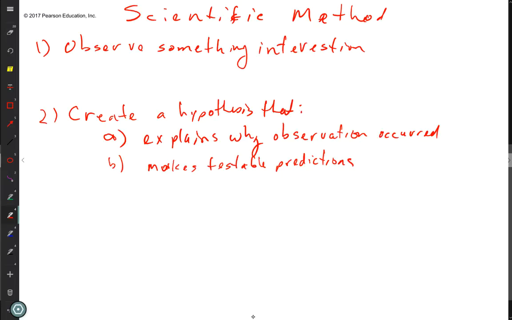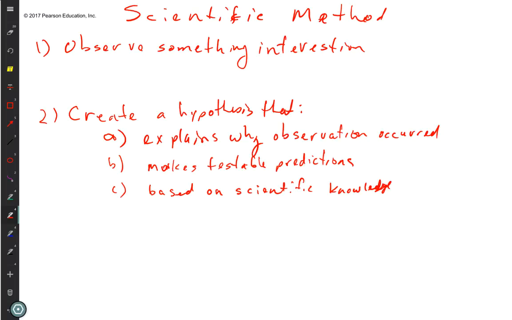And what's the final thing? Based on science. I put scientific knowledge here. You could put based on science. It needs to be something that is based on science, shows a causality.